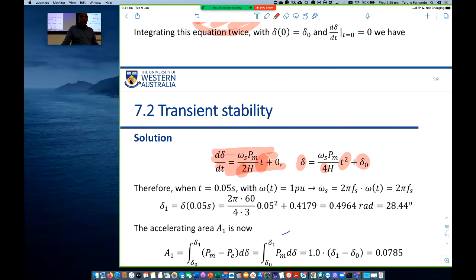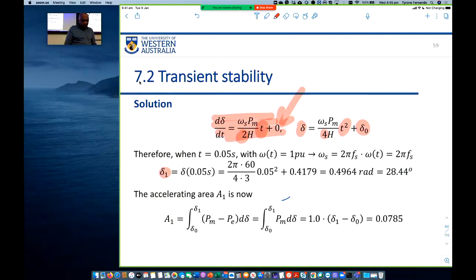Initial velocity is 0 because it was in steady state, so this term here is 0. So we can compute delta. T is 0.05, and that's delta 1.